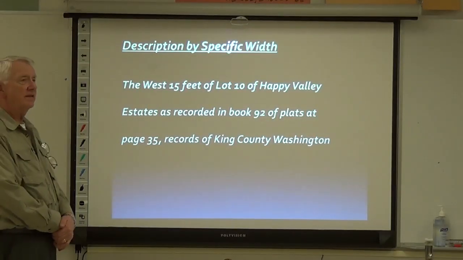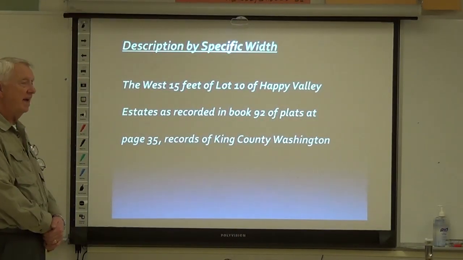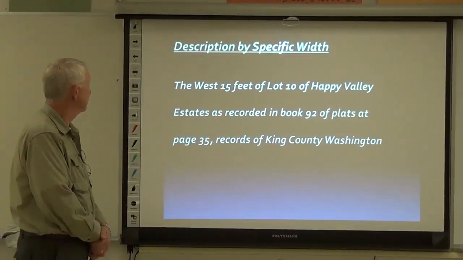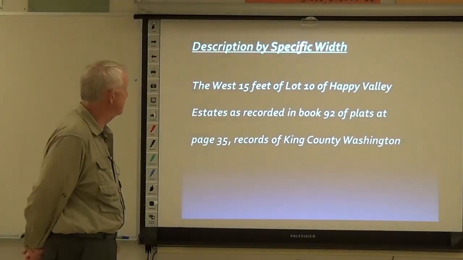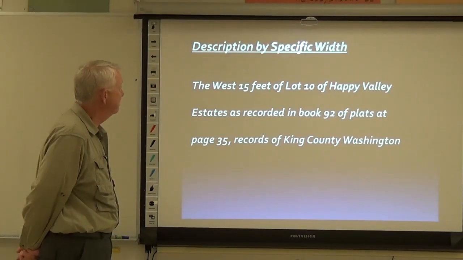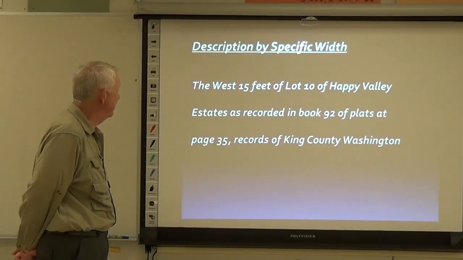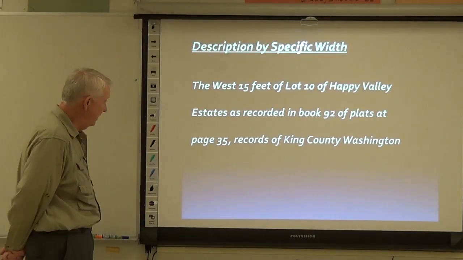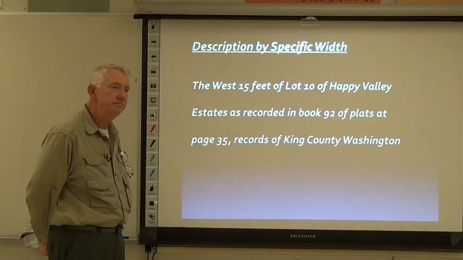Now let's talk about a description by specific width. Now that we're experts on curves, we can do this. You see this a lot in easements. The west 15 feet of Lot 10 of Happy Valley Estates, as recorded in Book 92 of Plats, at page 35, Records, King County, Washington.